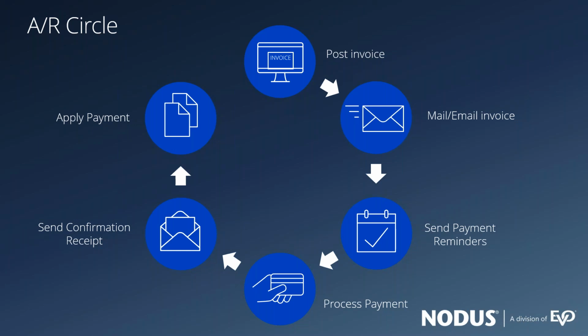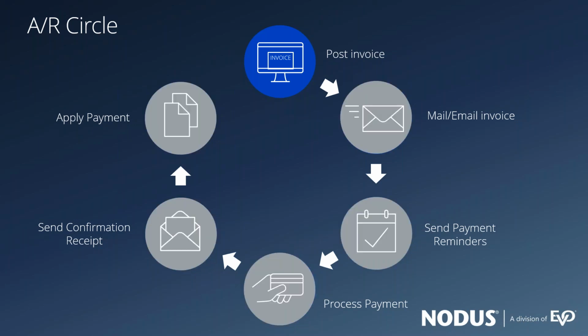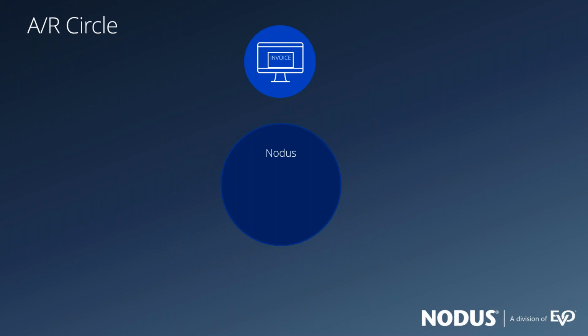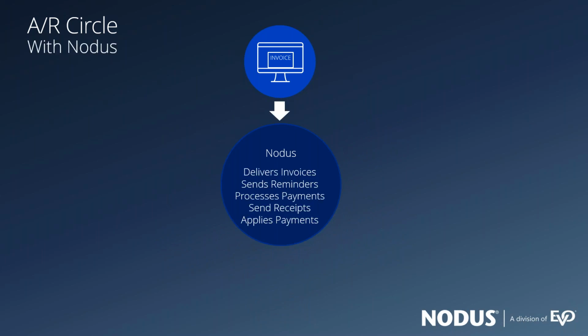Now, what I did here is I highlighted some of these steps which can essentially be automated. So I'm going to show you what an automated process looks like. Everything highlighted should be able to be done by an AR automation system. A true AR automation system delivers the invoices for you and sends reminders.